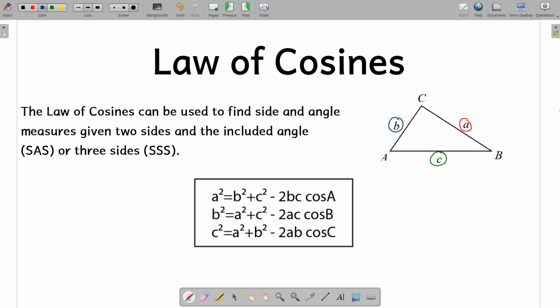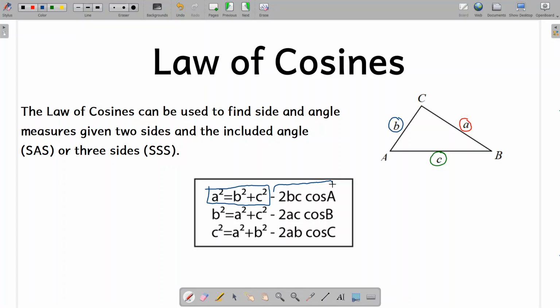Now, the first part of it, if we just focus on the top one here, looks a lot like the Pythagorean theorem. It kind of starts off that way, but then we've got this minus 2 times BC times cosine of A. So the way I remember it is that the side you're looking for goes on one side.